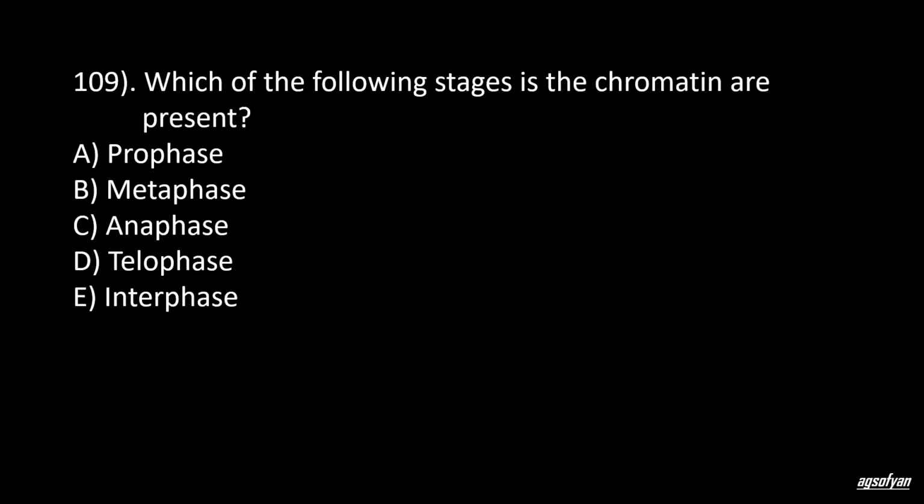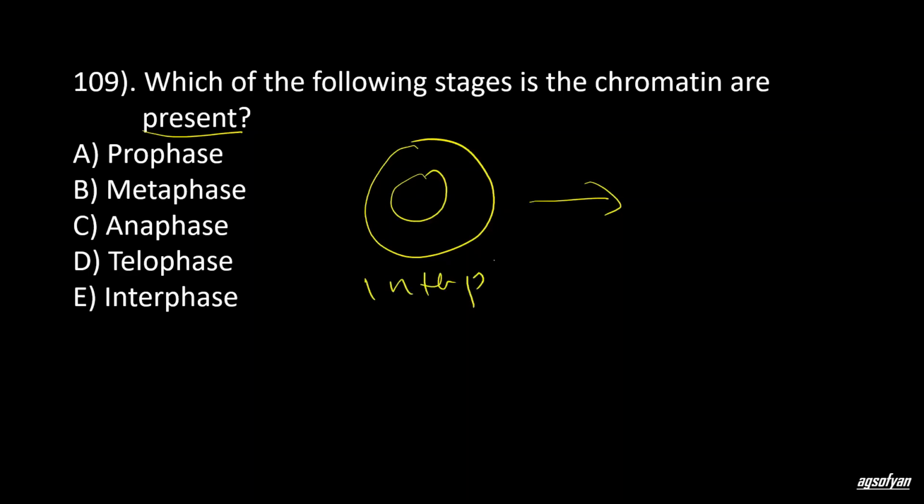Which of the following stages is chromatin present? Prophase, metaphase, anaphase, telophase, or interphase? When the cell starts to divide and perform mitosis, during the interphase we will not be able to see the chromosomes.